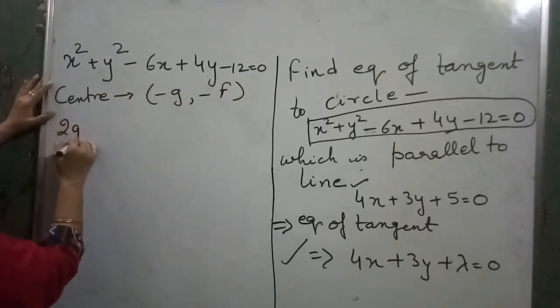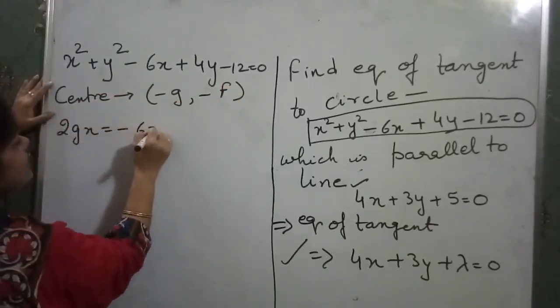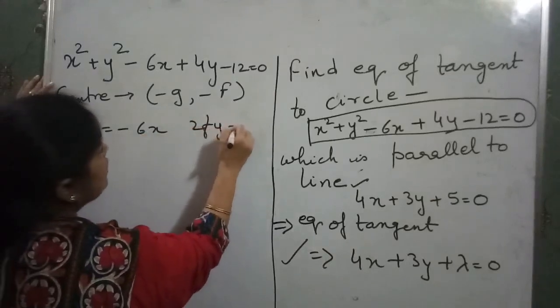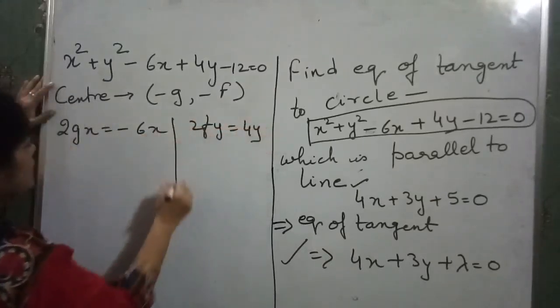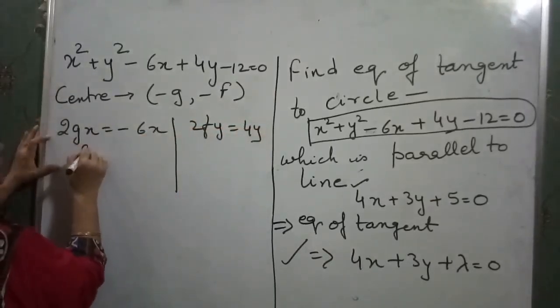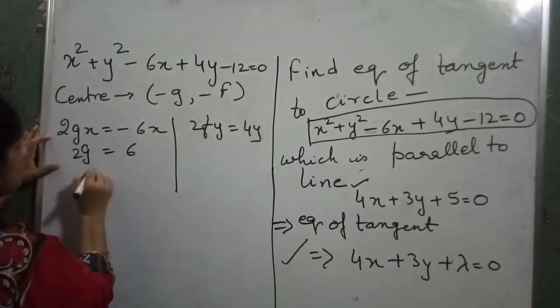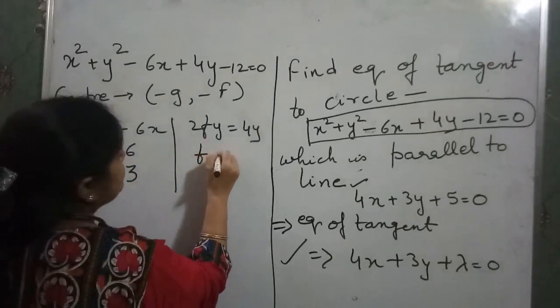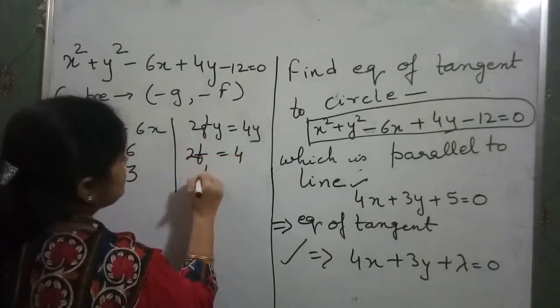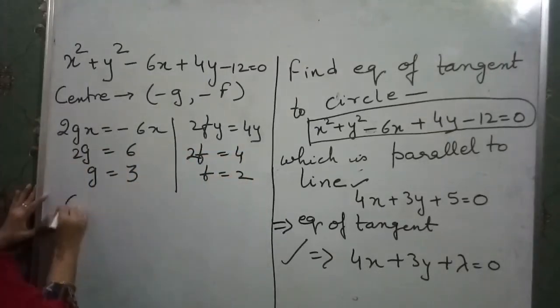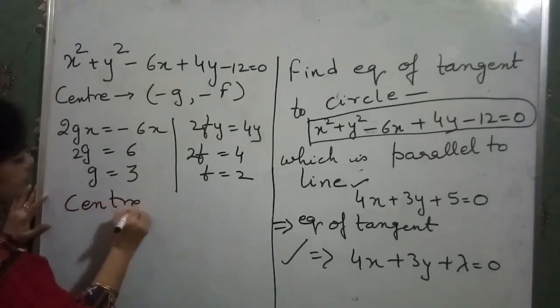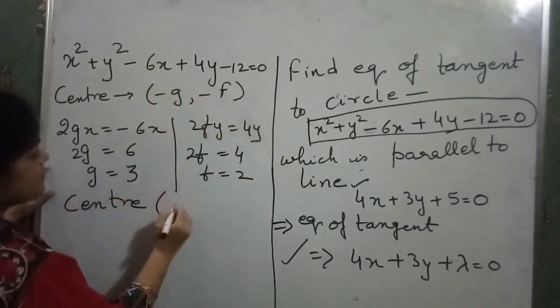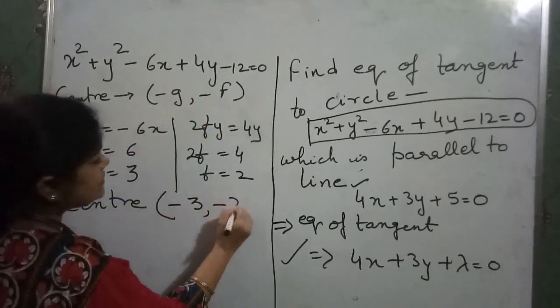We have 2gx = -6x, 2fy = 4y. Clear? Now solve it. The value of g is 3 and the value of f is 2. So our center is (-g, -f), that is (-3, -2).